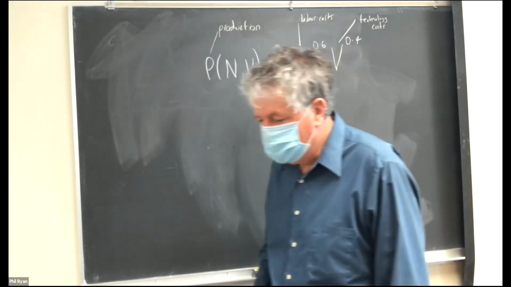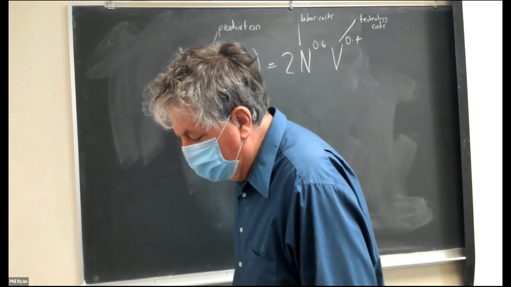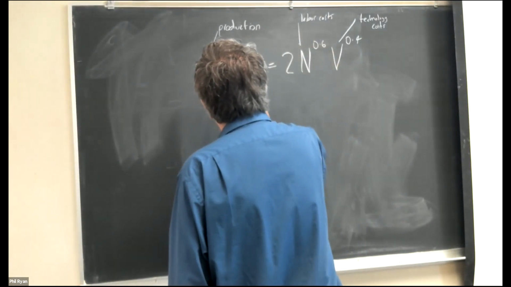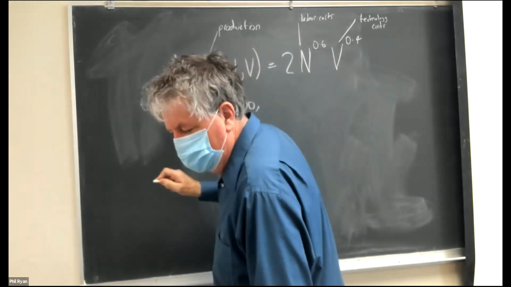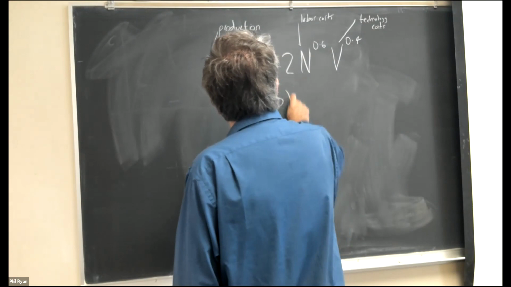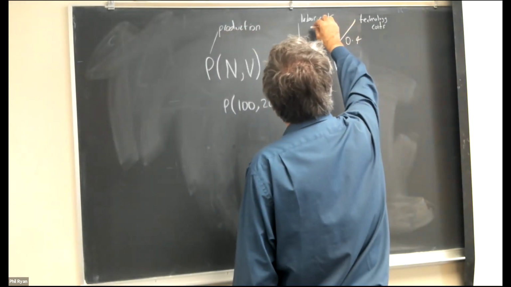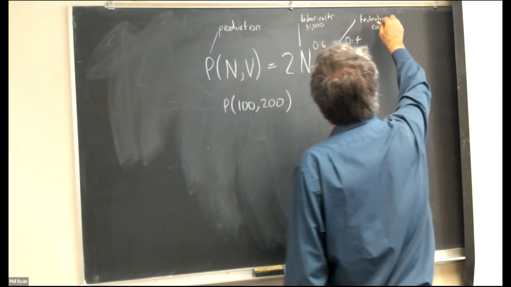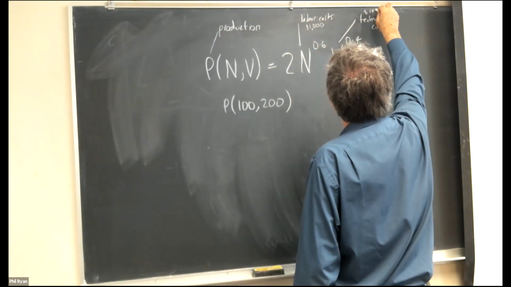And so again, we can ask the same kind of thing. Well, what does P of 100, 200 say? So let's say this is in thousands of dollars.